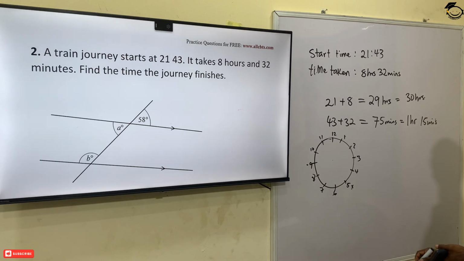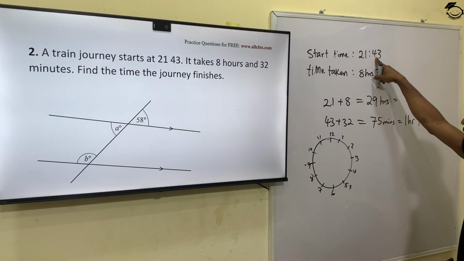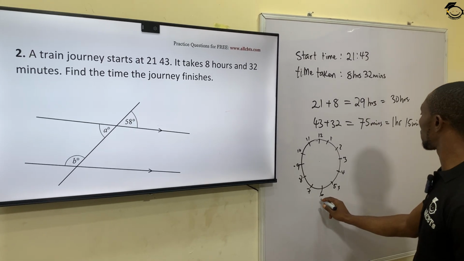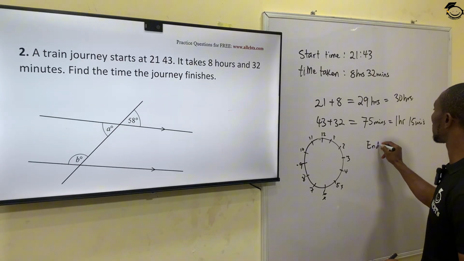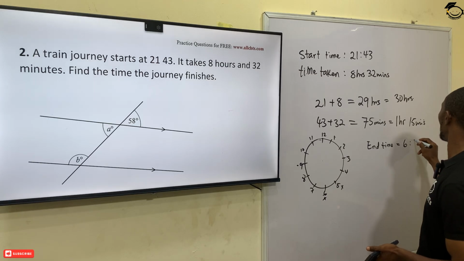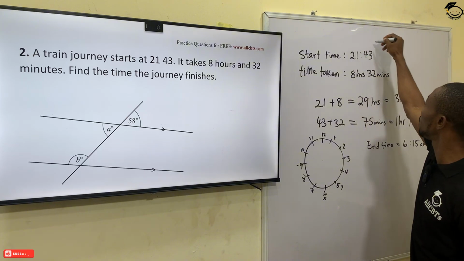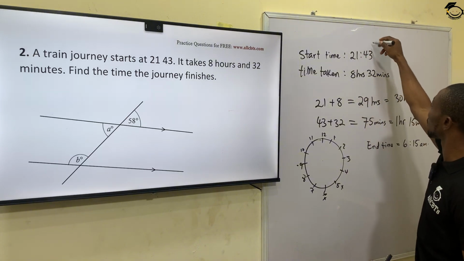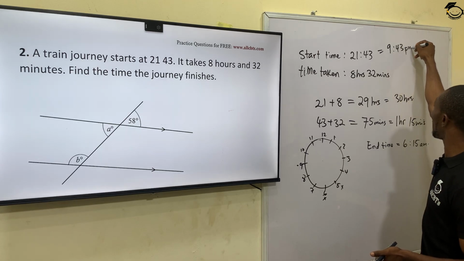Now, since we have an extra 1 hour from the 32 minutes joining this, this gives us 6. The end time will be 6:15 a.m.